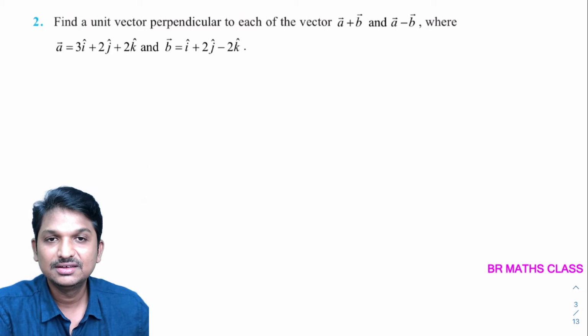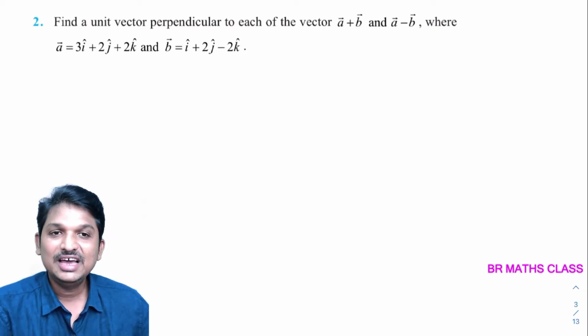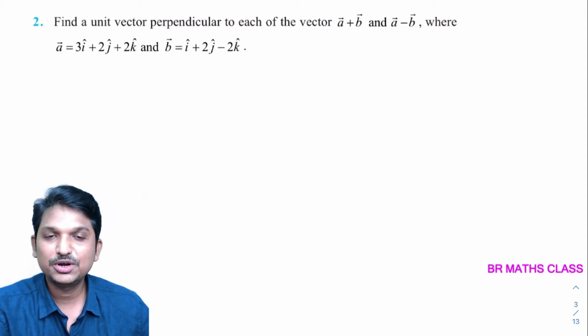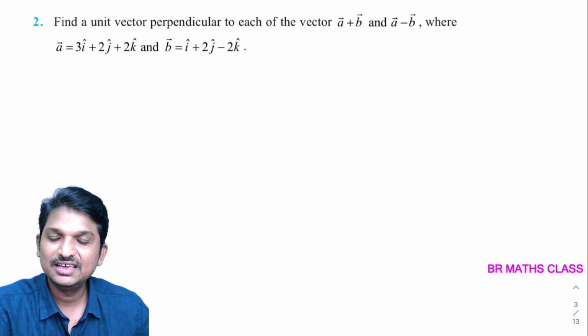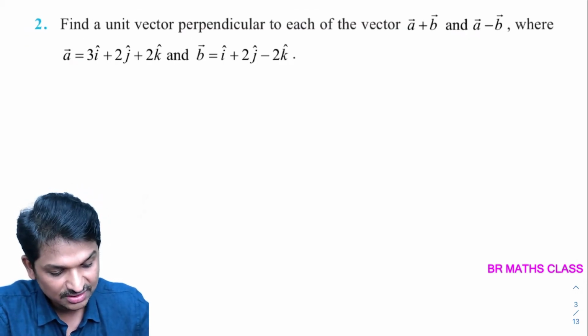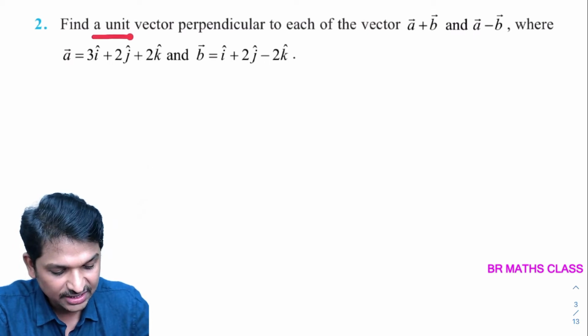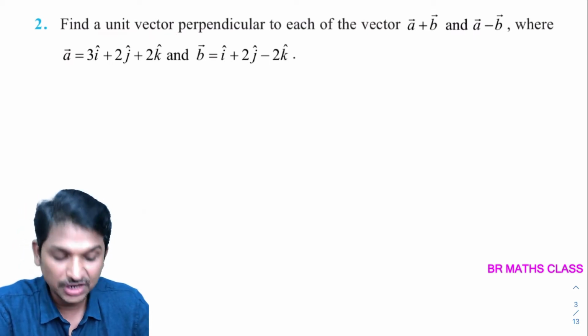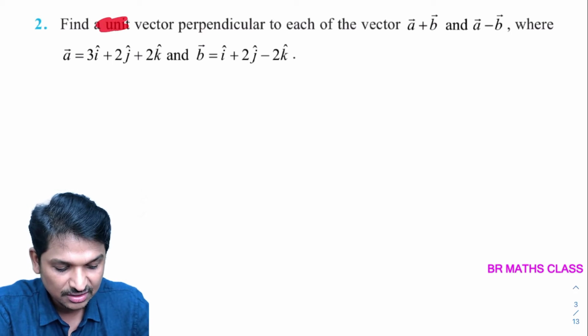Observe this question. Very interesting question actually it is. See, I am saying now, if you are thorough with the 14 formulas related to cross product, this vector algebra is dead easy. So you see this second question, what are they asking in this question? Find a unit vector. Forget about the unit vector for some time.